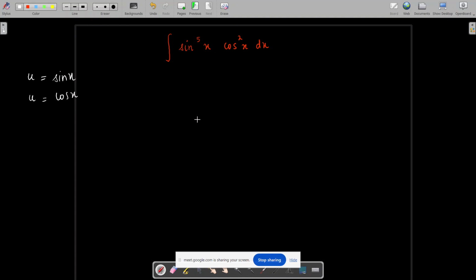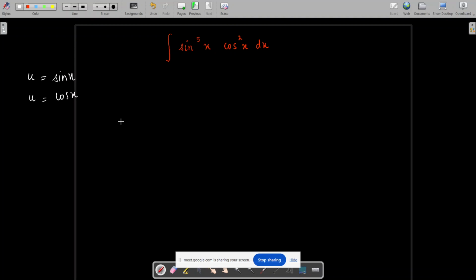The derivative of sine is cosine, and the derivative of cosine is minus sine. If my u is sine, my u prime would be just cosine. The only problem is that I'm not really sure that can be simplified. But if I had cosine and minus sine, I think I would put u as sine x.